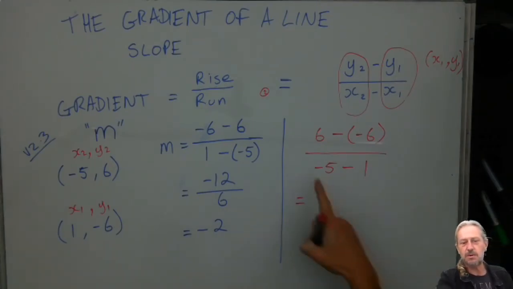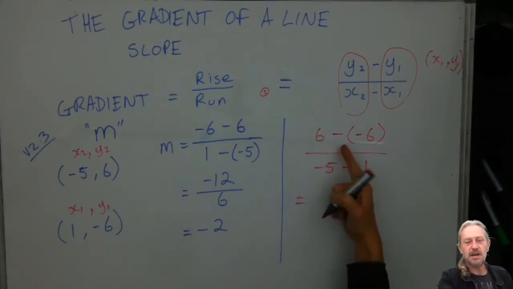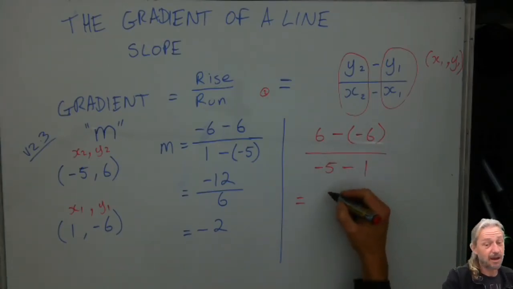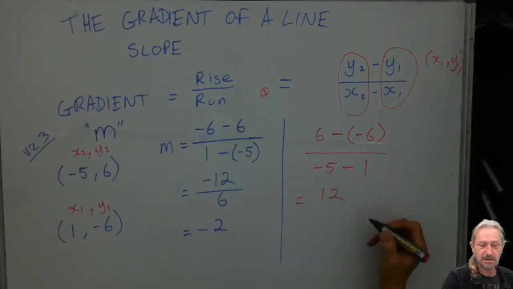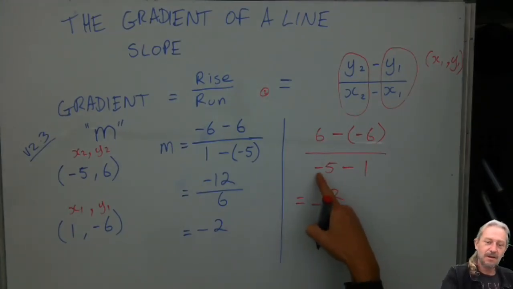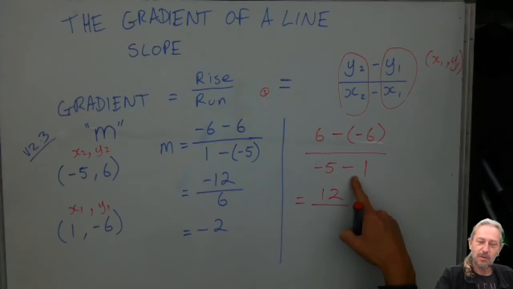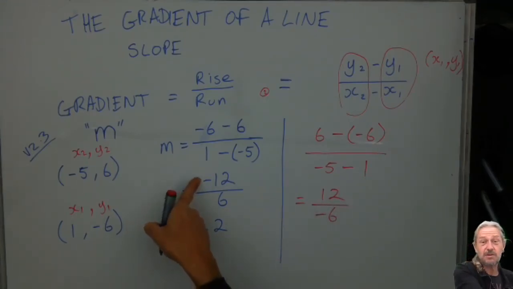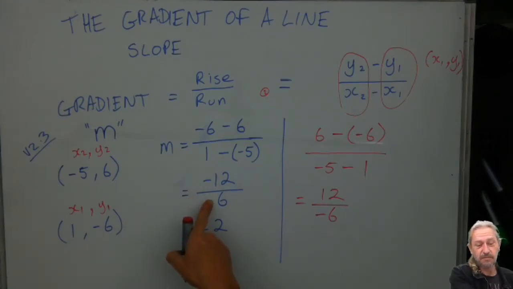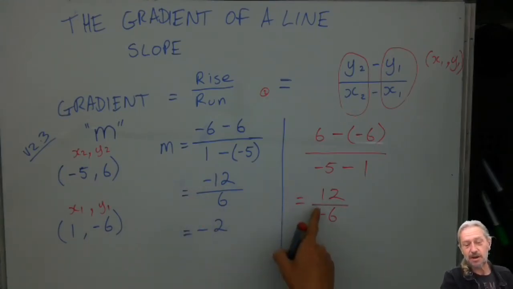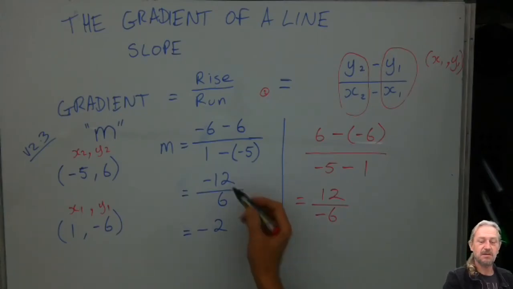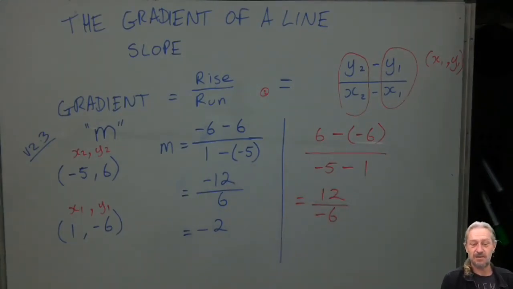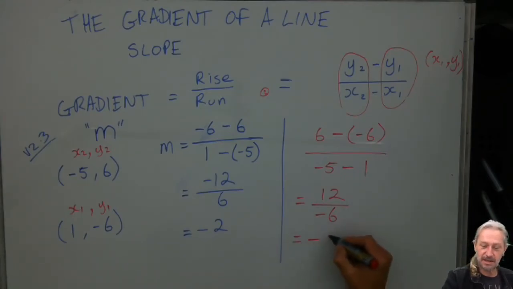So in this case we would get 6 take away negative 6, taking away a negative is the same as adding, so we'd get positive 12 on the top, negative 5, take away 1 is negative 6. So notice here the negative was on the top and the positive was on the bottom, but here it's the other way around, and a positive divided by a negative is the same as a negative divided by a positive, so we'd still end up with negative 2.